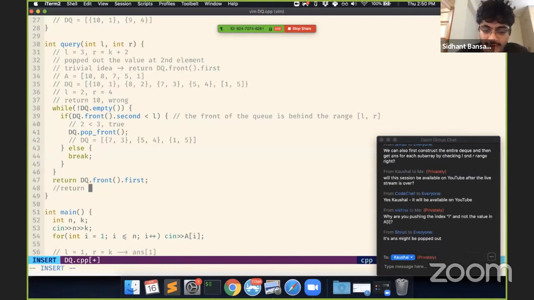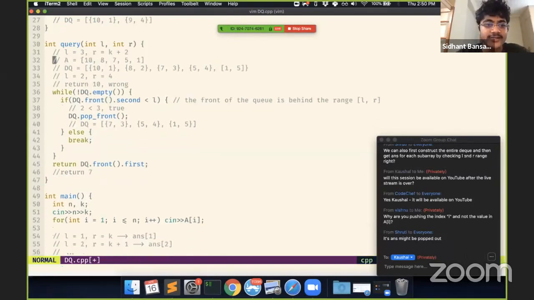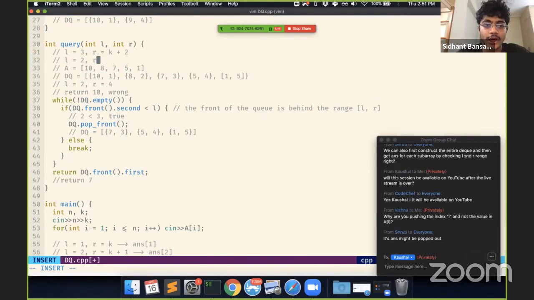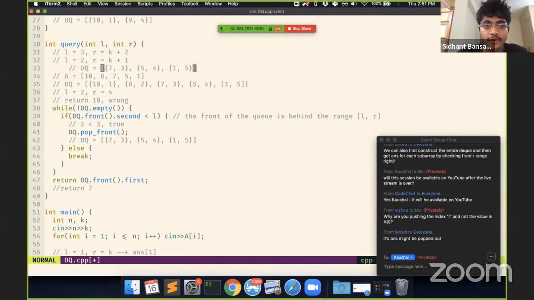But the issue would be in the next iteration, when we come in and we see L equal to 2 and R equal to k plus 1, our array would now only have this thing. Our array would be looking like this. So it won't actually have the second element, whereas the second element was the largest amongst 2 to k plus 1 because it was 8. So we might have actually popped out the answer.